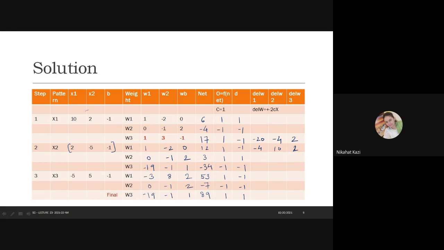And so what happens is, which weights are wrong? Again W1 is wrongly predicted. Okay, so you update the weights of W1, minus 2cx again. So minus 2 times x. You're understanding now why it is minus 2cx, because D is negative.